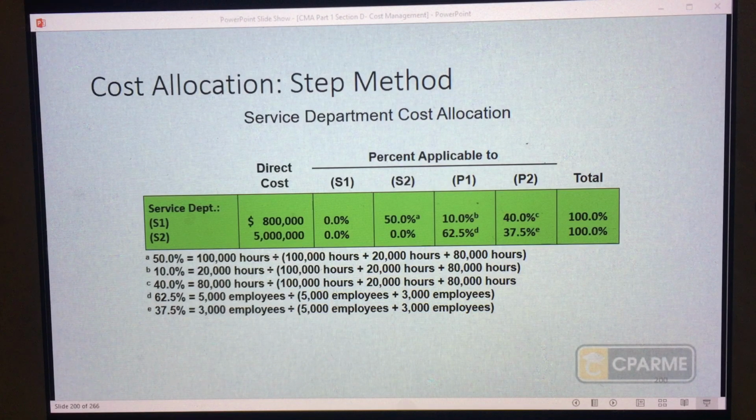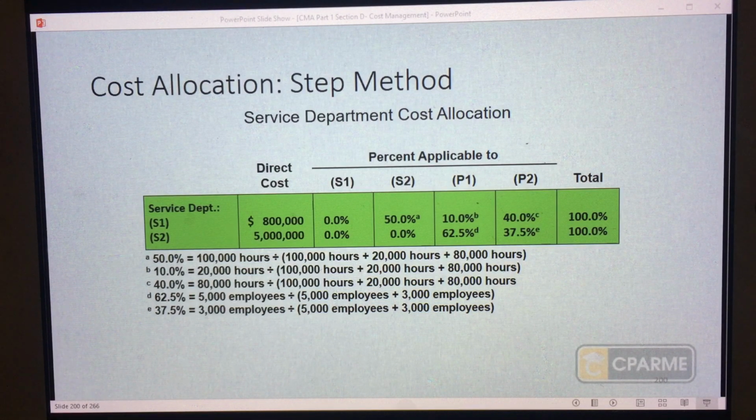So that's $800,000. S1, on the other hand, is not going to receive any of the allocation of S2's cost kasi nga, S1 costs have already been allocated. Sa step method, we do not reallocate to the service department. So with that said, your production department 1 and 2 will receive 62.5% and 37.5% respectively.